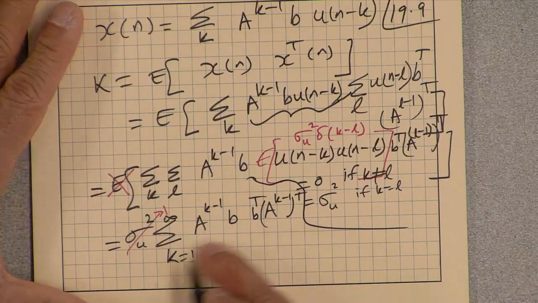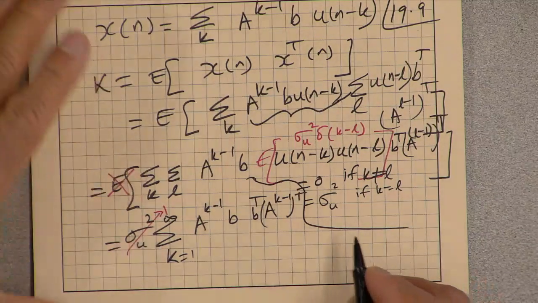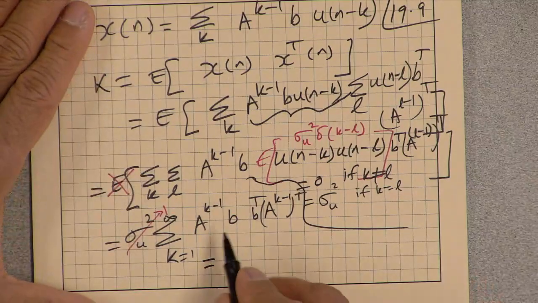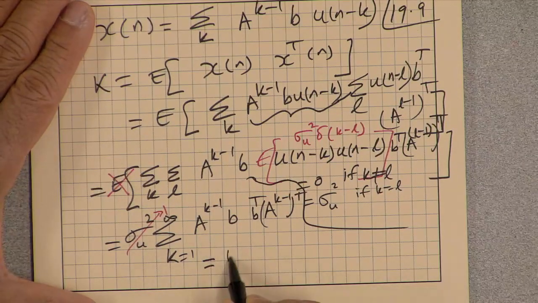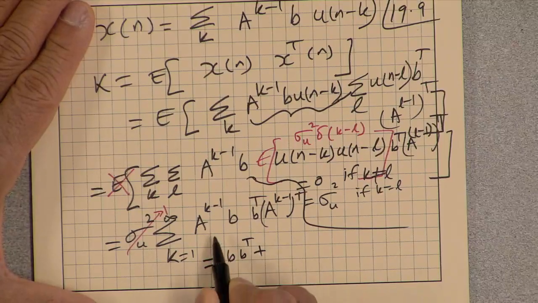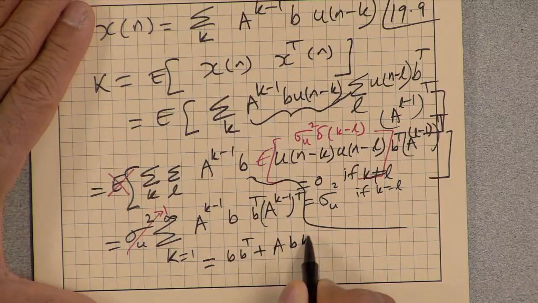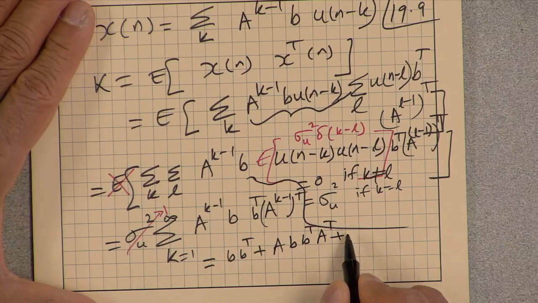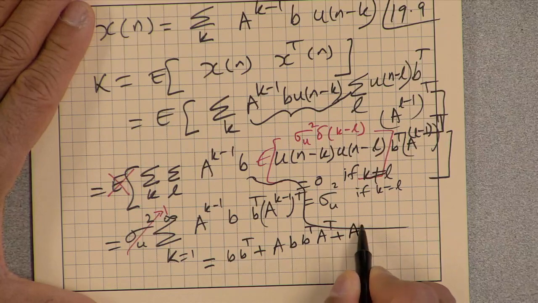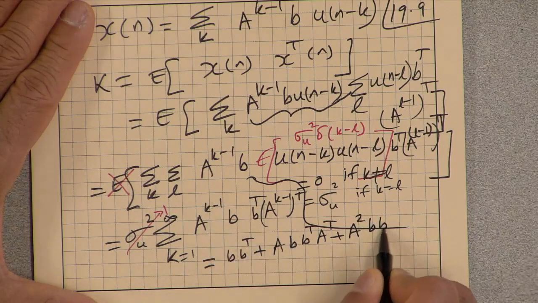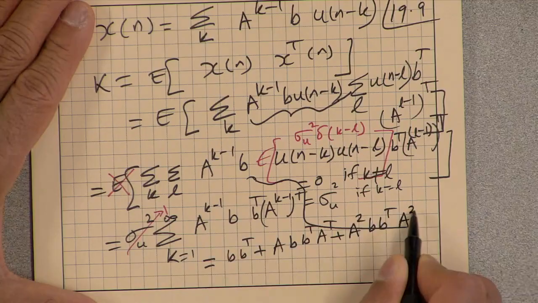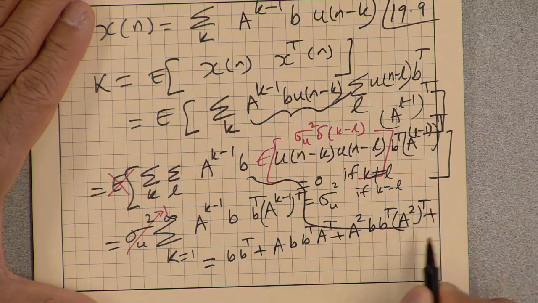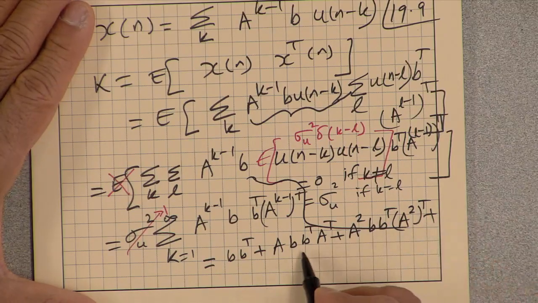The K matrix is defined by this in terms of A and B. If k is equal to 1, we get B B transpose. If k is equal to 2, we get A B B transpose A transpose. If k is equal to 3, 3 minus 1 is 2, so A squared B B transpose A squared transpose. For k equal to 4, A cubed B B transpose A cubed transpose.